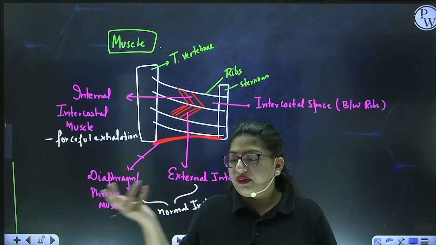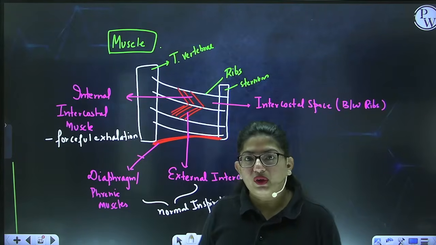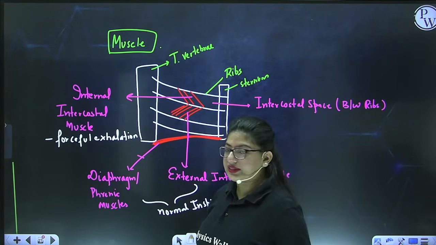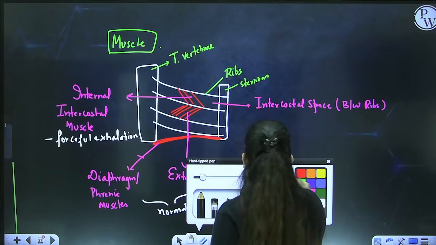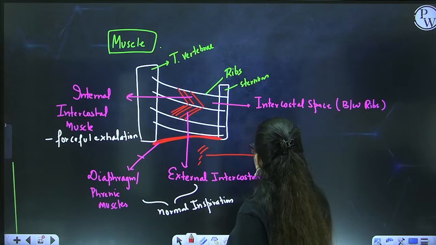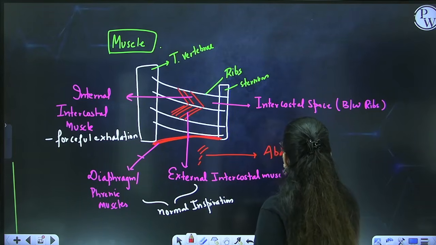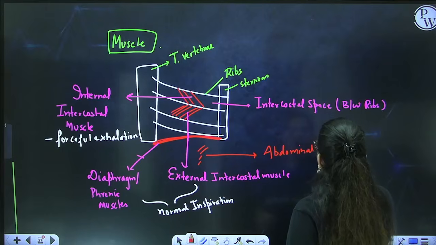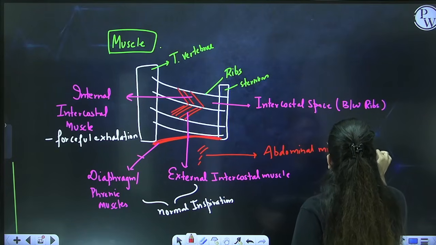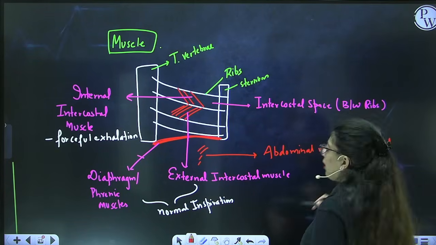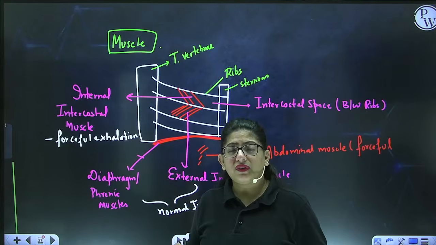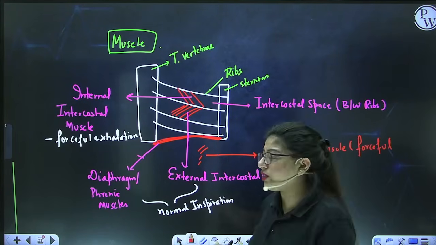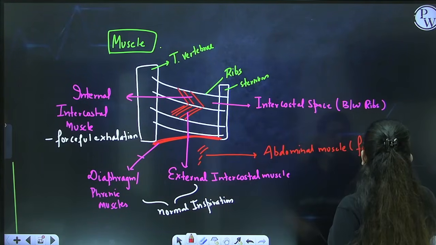This is forceful. Right now I'm breathing, that's normal. So yes, we also do forceful exhalation. There are certain abdominal muscles present here, and they are also responsible for forceful exhalation. Just put in an effort and throw out the air. You will feel your abdominal muscles are stretched. So that is forceful exhalation.